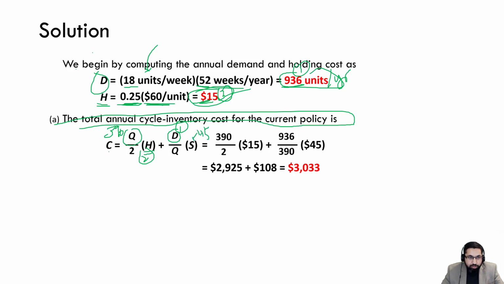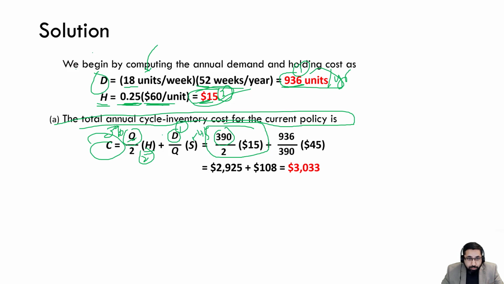So we have all the numbers to compute the annual cost of this inventory policy, which is to order 390 units of that bird feeder from the supplier each time you run low on inventory. What's the cost of this policy? We do 390, which is Q, over 2 times 15; this is my inventory holding cost.